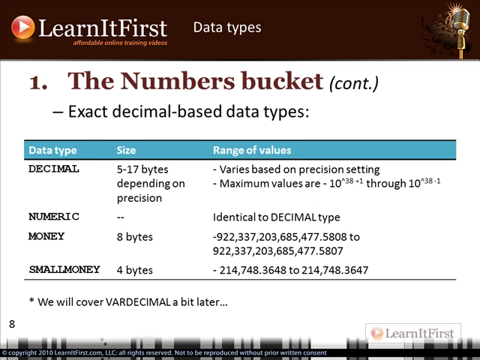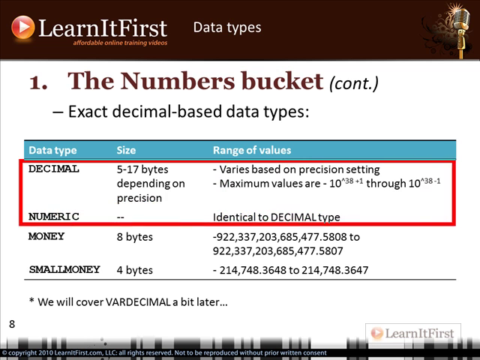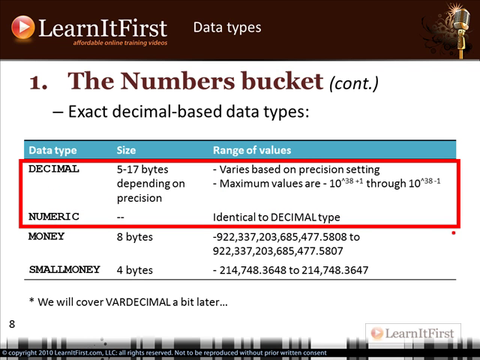Now, here are your basic exact decimal data types. Remember, there are approximate numerics and exact numerics. That's the way Microsoft broke it down. This is an exact decimal-based table. We'll talk about approximates in just a little bit, but notice here, decimal and numeric are the exact same thing.